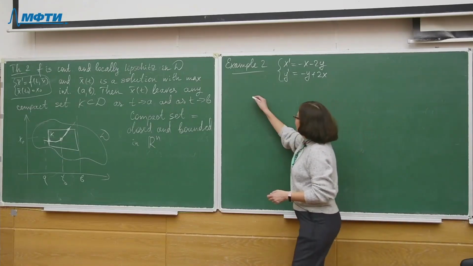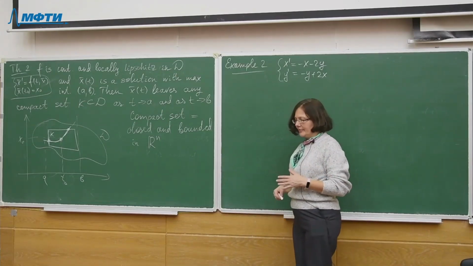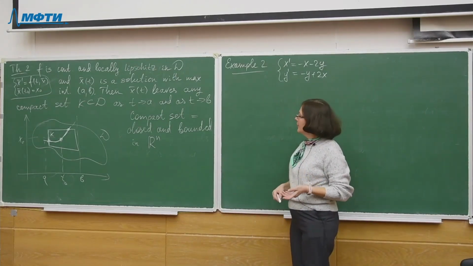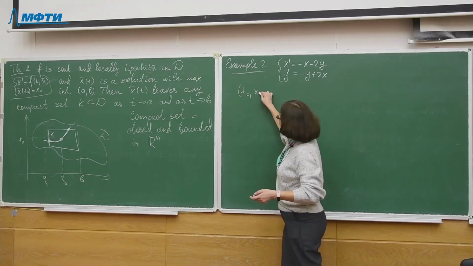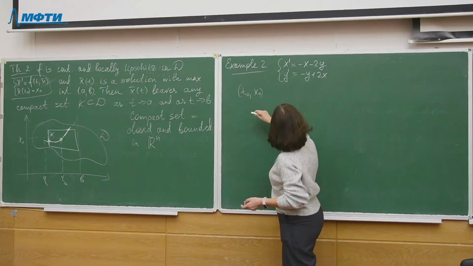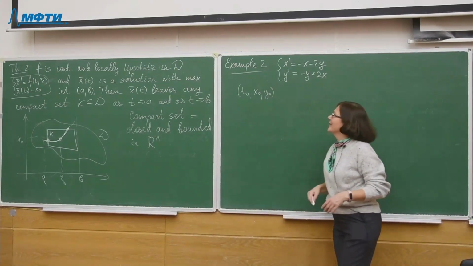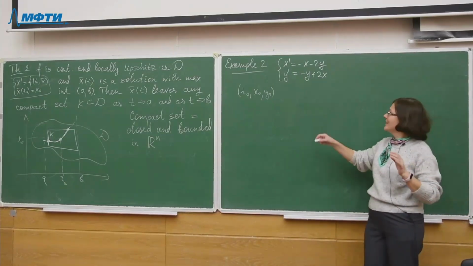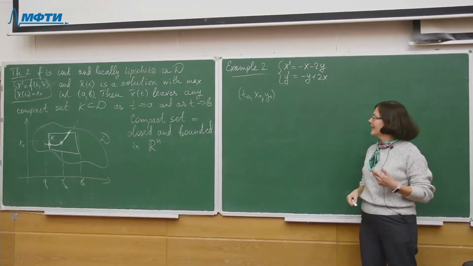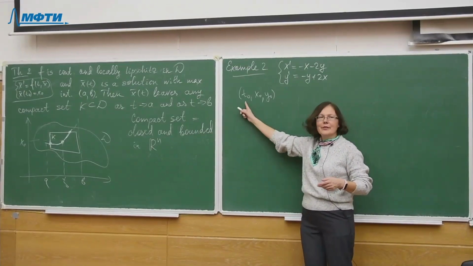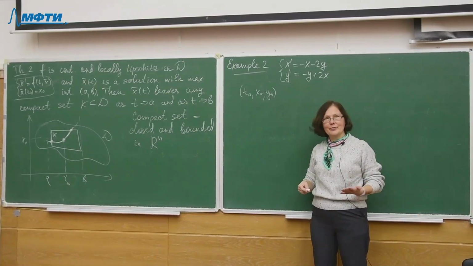Okay, so let's consider an initial value problem. Let's fix t0 and x0, y0. We have 3 variables. T is time, an independent variable, and x and y are 2 dependent variables, right?